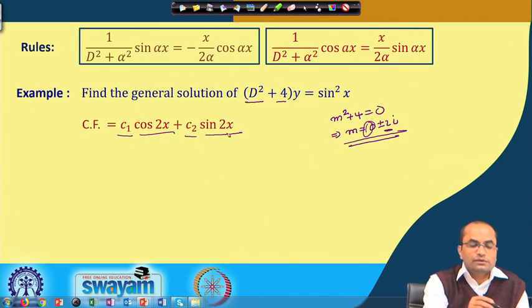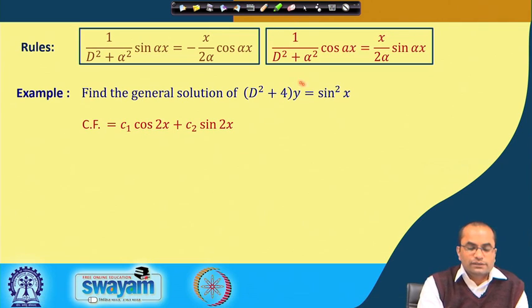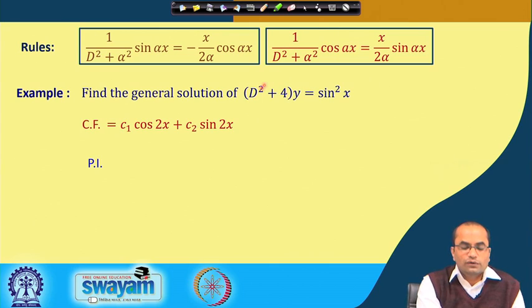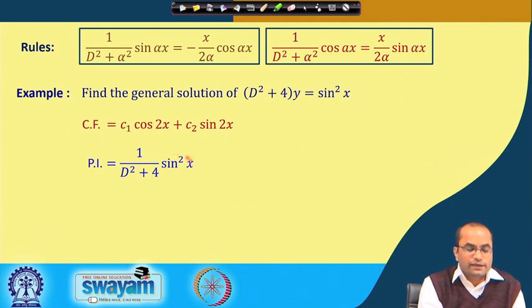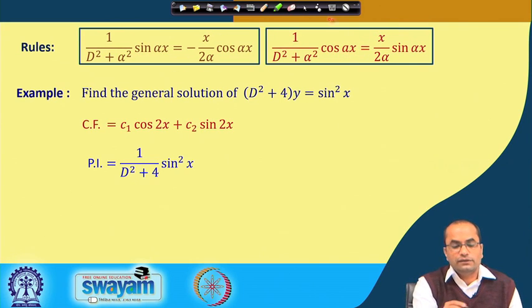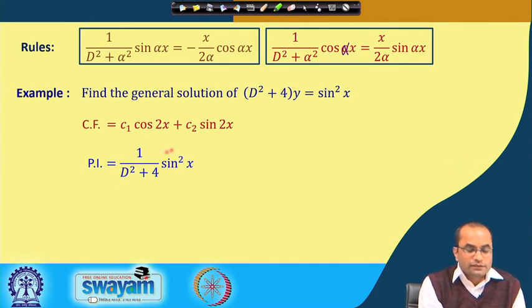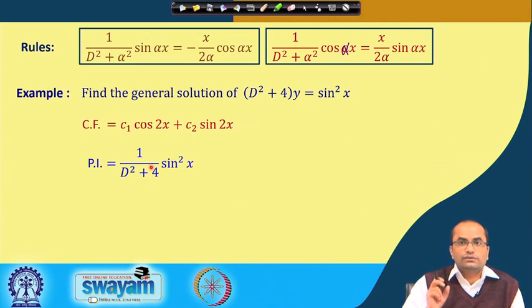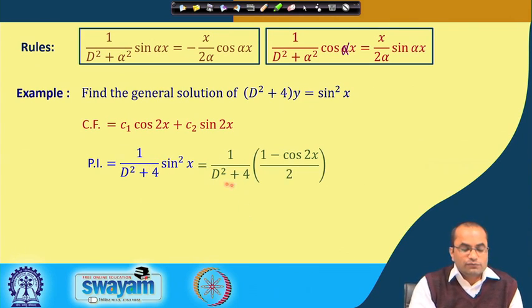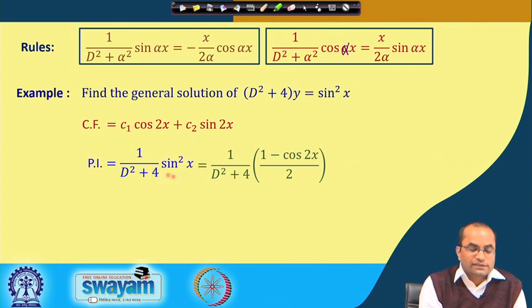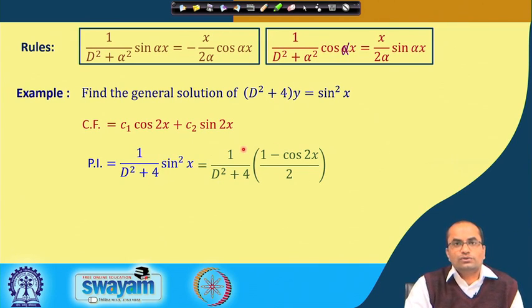So, this is the complementary function of this differential equation, and then we will get the particular integral, which takes the form 1 over D square plus 4 on sin square x. We know the results for sin alpha x and cos alpha x. So, we can rewrite sin square x in terms of the 2x angle. That will be 1 over D square plus 4, and sin square x is written as 1 minus cos 2x divided by 2.